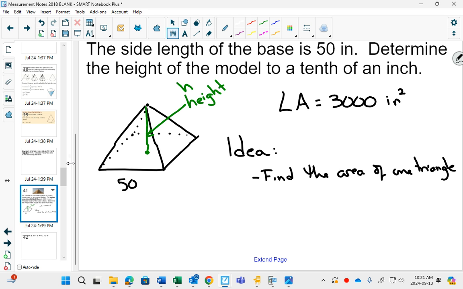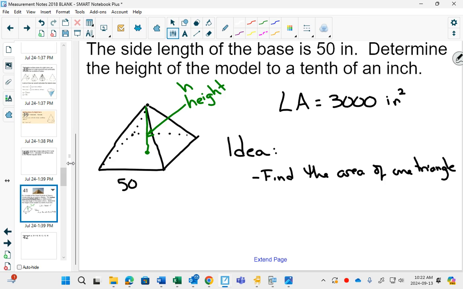Then this is where you're going to easily make a mistake. If you know the area of one triangle, and you know the formula for the area of a triangle is base times height divided by 2, then you could find the height of that triangle.